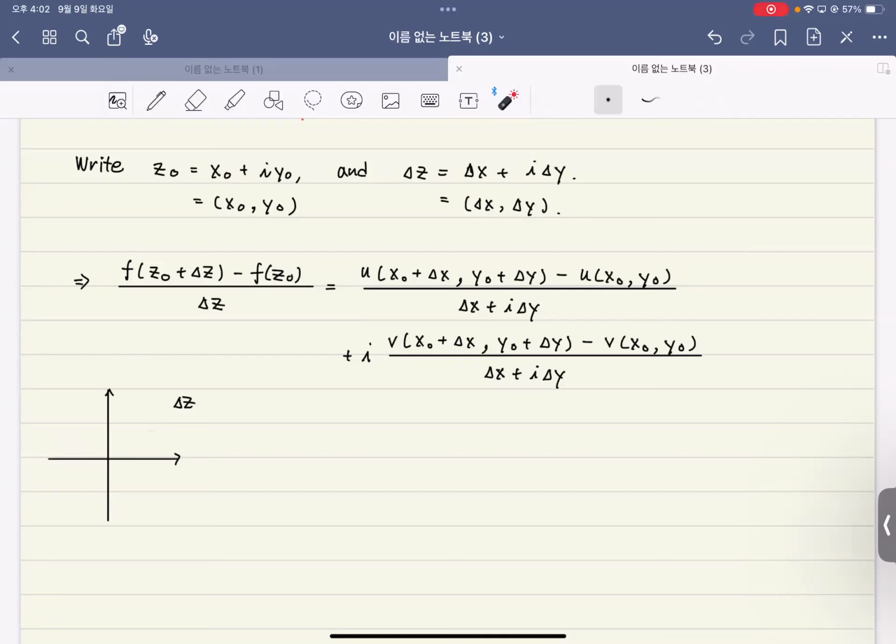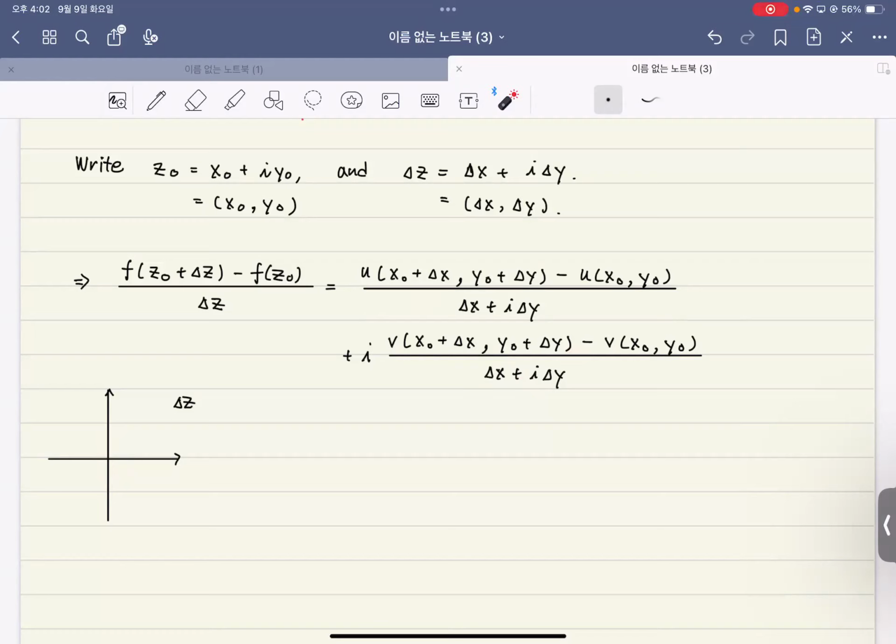Therefore, if the limit exists, then the same limit must be attained if I choose the horizontal path. And since the limit exists, I must also get the same limit if I follow the vertical path, right? Because the limit of this quotient exists.